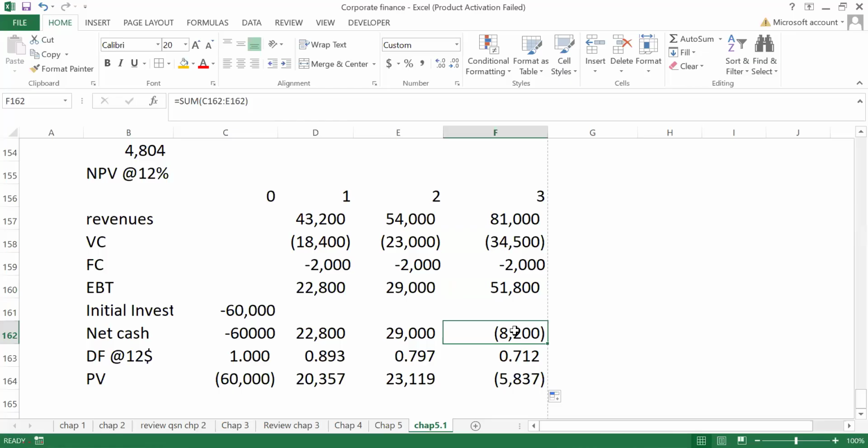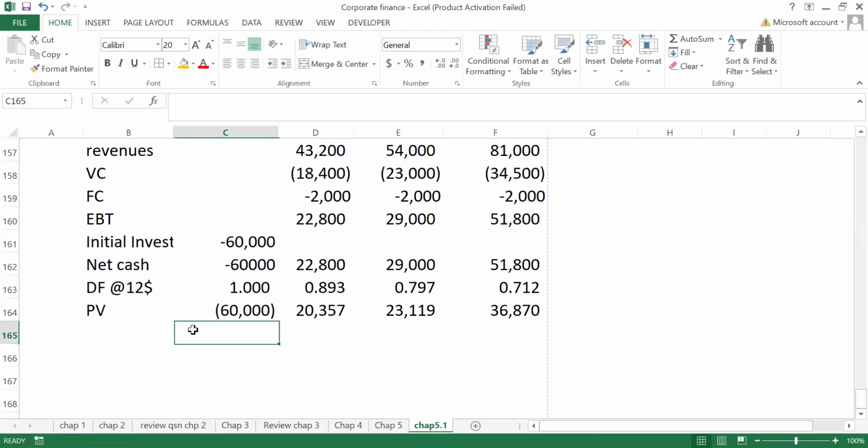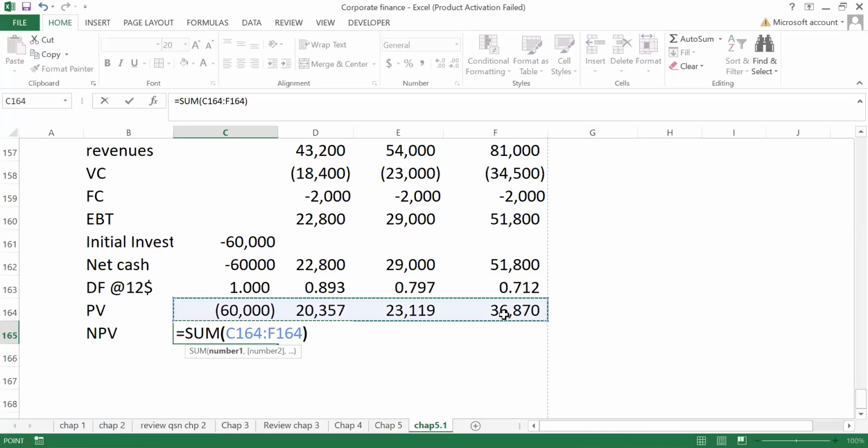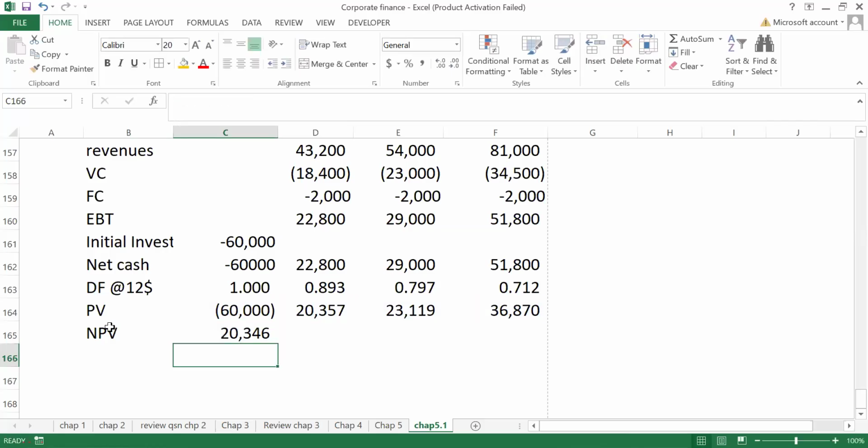The net cash. But why don't you use the discounted fixed cost? What is our NPV? We just add the summation. So that is the NPV.